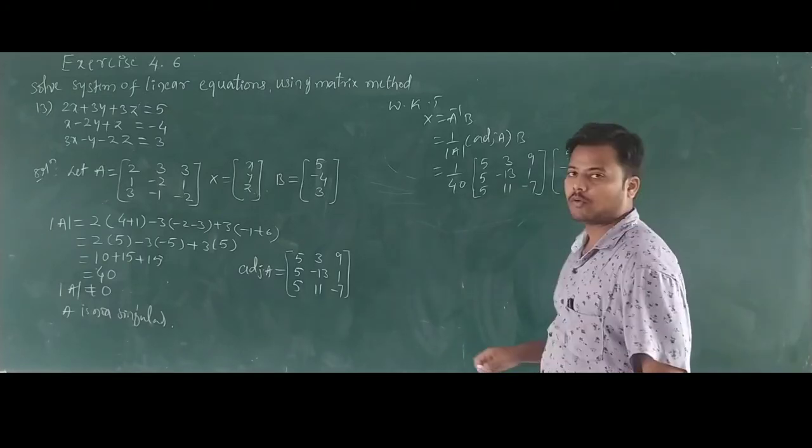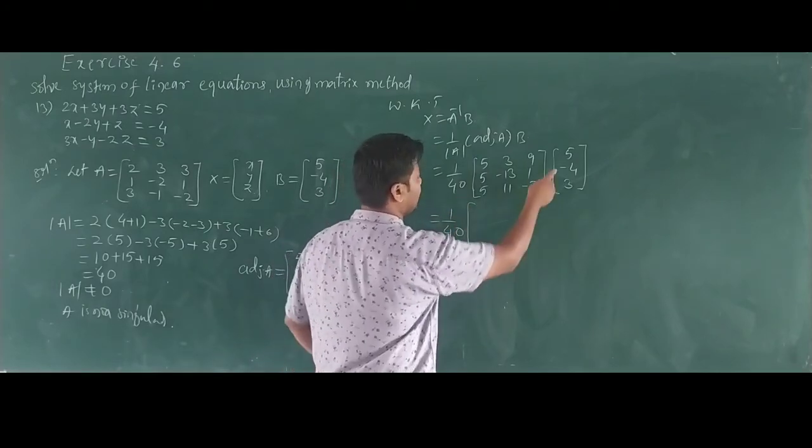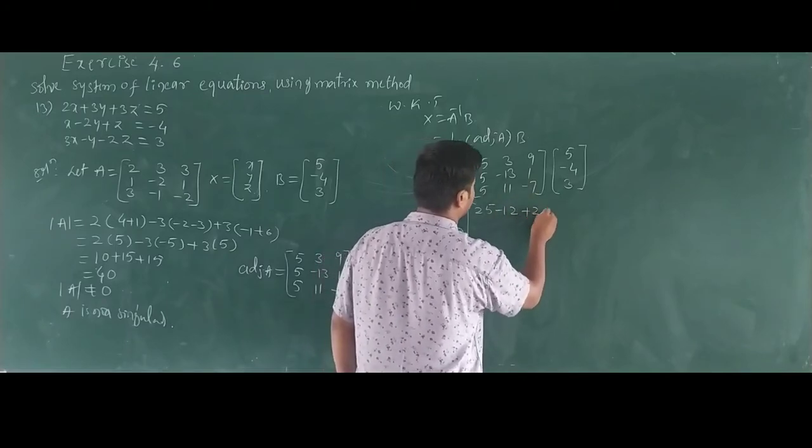So 1 by 40 as it is, multiply: 25 minus 12 plus 27.